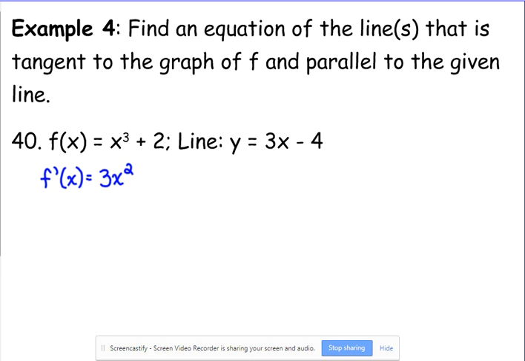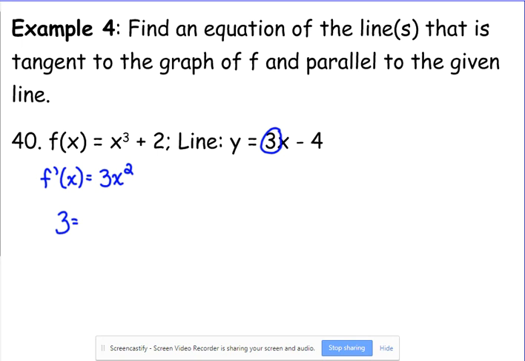What do we know is true about parallel lines? What was our point in finding the derivative of f? The derivative always leads us to the slope. Parallel lines have the same slope. So what's the slope of this line? It's 3. I don't know the x value, but I do know the slope.